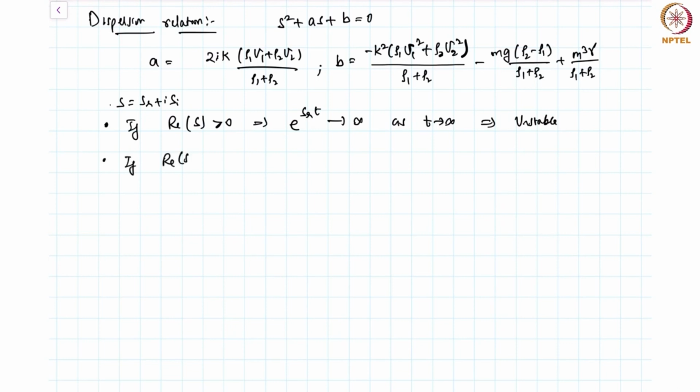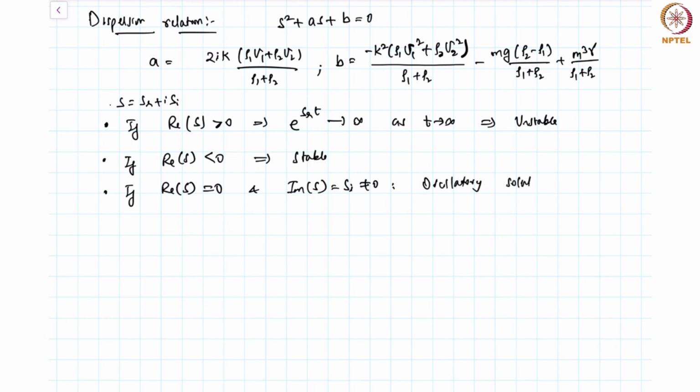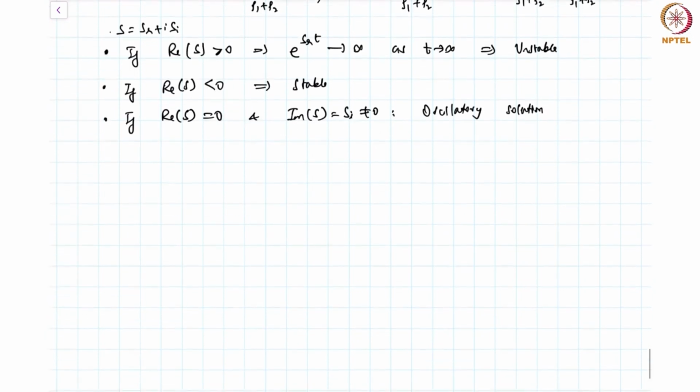If the real part of S is less than 0, then the flow is said to be stable. And if the real part of S is equal to 0, and imaginary part of S, which is SI, is not equal to 0, we have oscillatory solutions. And these oscillations will go on forever because there is no viscosity, so there's nothing to damp. So we now look at special cases.